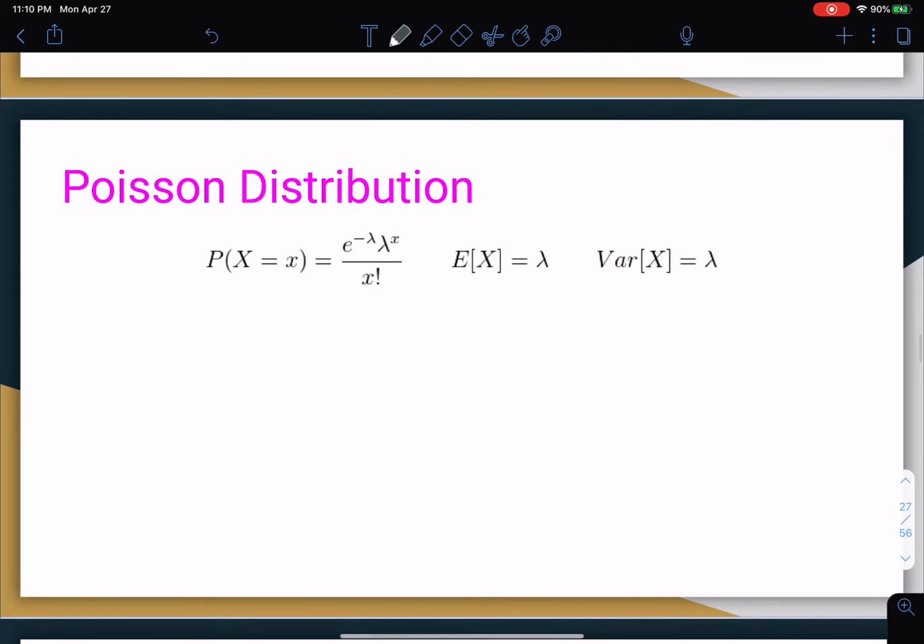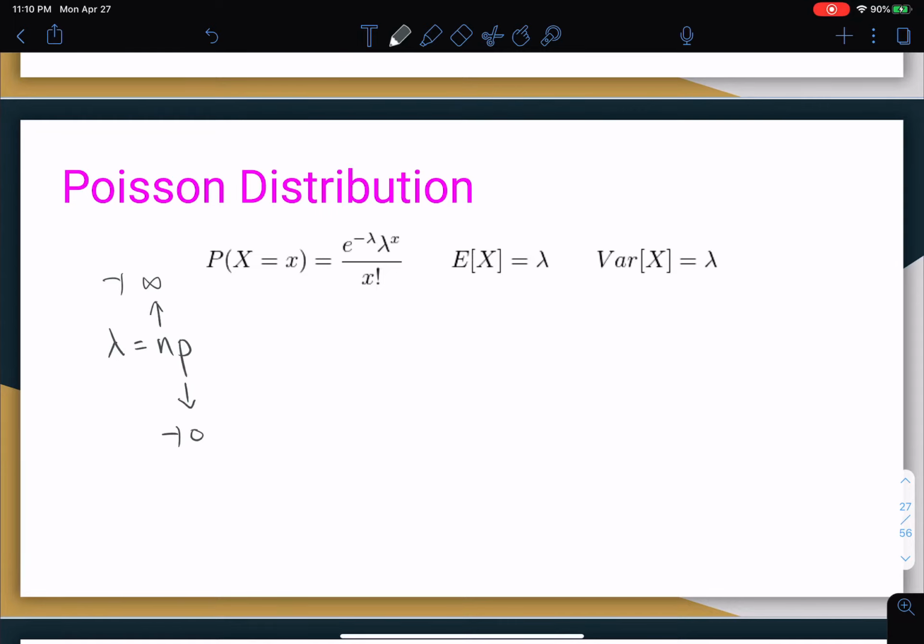So Poisson is a little special. It only takes in a lambda. It's very special because we actually say that lambda is equal to n times p, where n is really, really large. It goes to infinity. And p is really, really small.